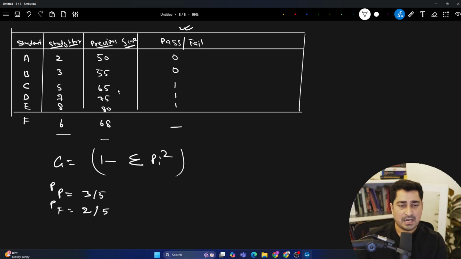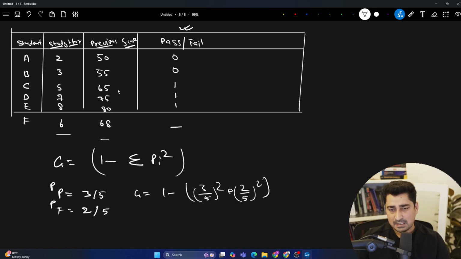Now if I have to calculate the total Gini over here, Gini is nothing but 1 minus the summation of all the probabilities squared. So 3 by 5 squared plus 2 by 5 squared. 3 by 5 is 0.6, so 0.6 squared, plus 0.4 squared.